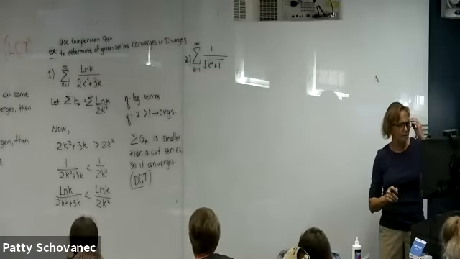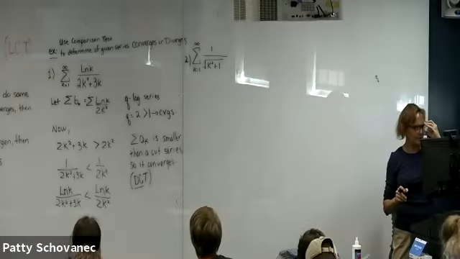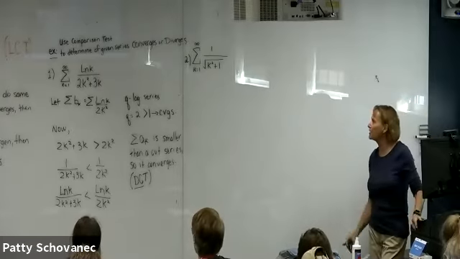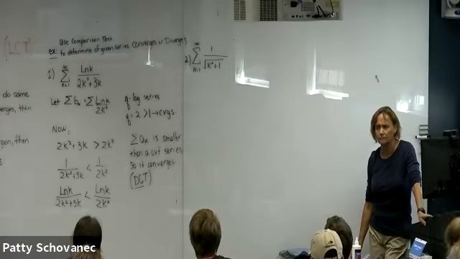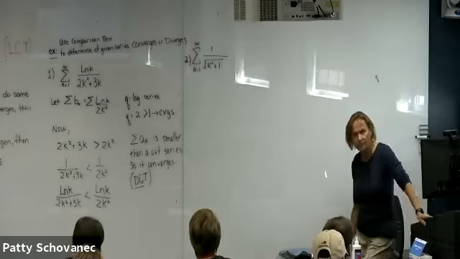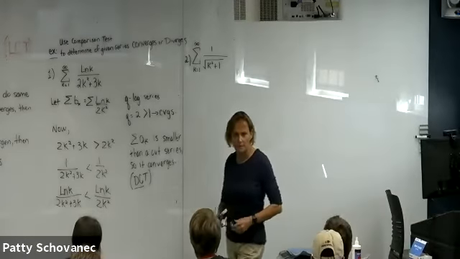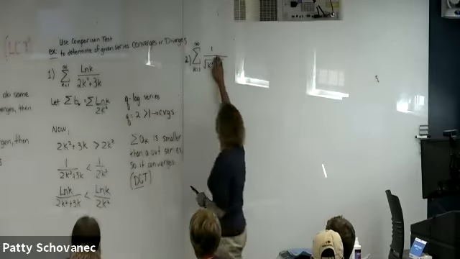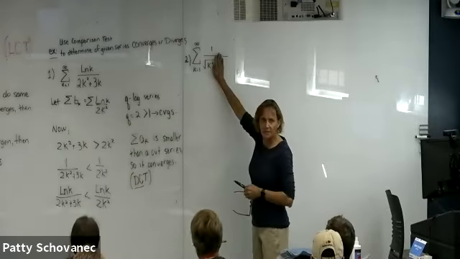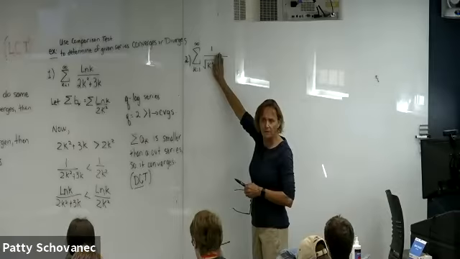So the sum of 1 over the square root of k squared plus 1. We're going to compare it to a p series, right? If I didn't have that 1 here, then what's left is a p series. So that's my comparison series.